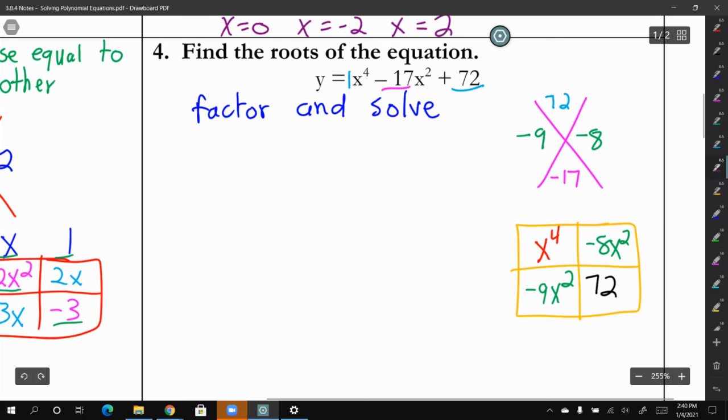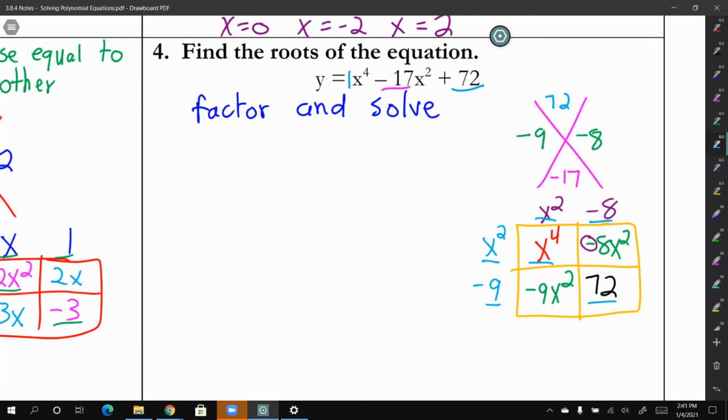GCF of the first column here is going to be x squared. The GCF of the second column is 8, but because that top number is negative, we have to put a negative 8 there. Then the left side, x squared times x squared equals x to the 4th. Negative 8 times negative 9 equals positive 72.